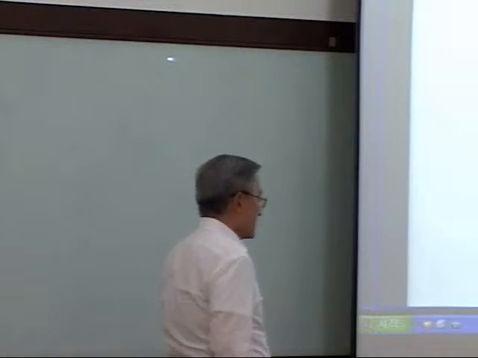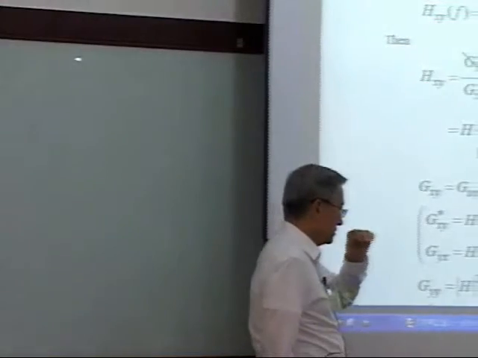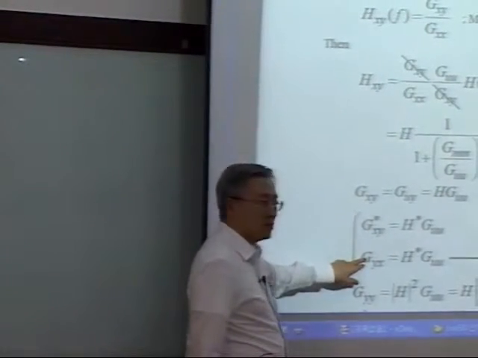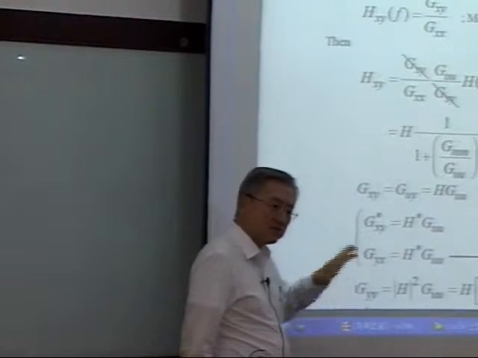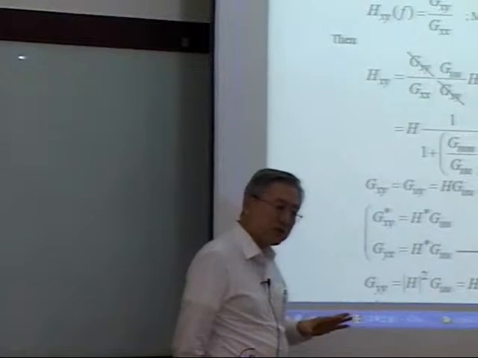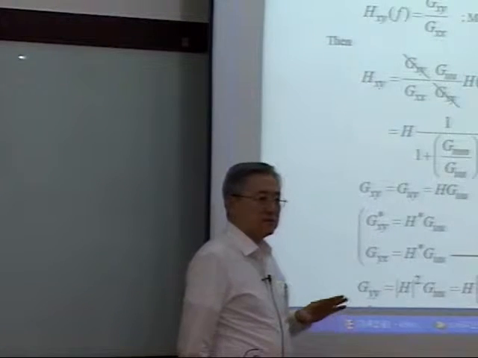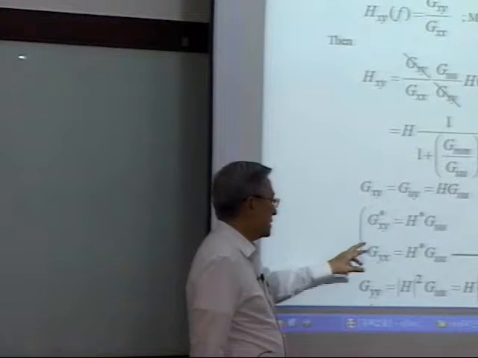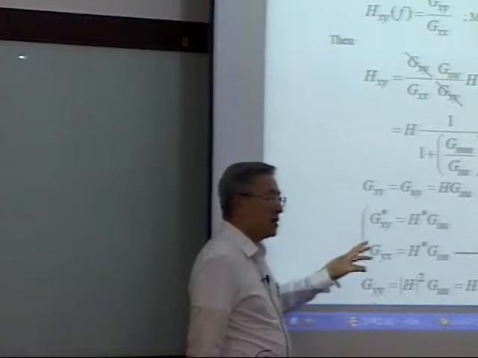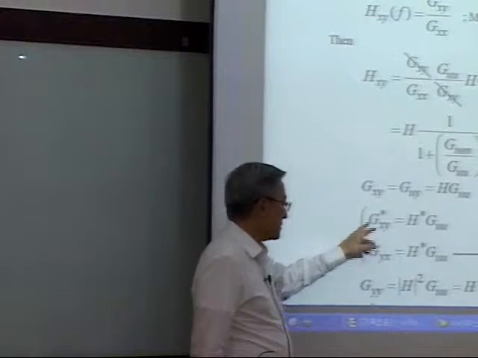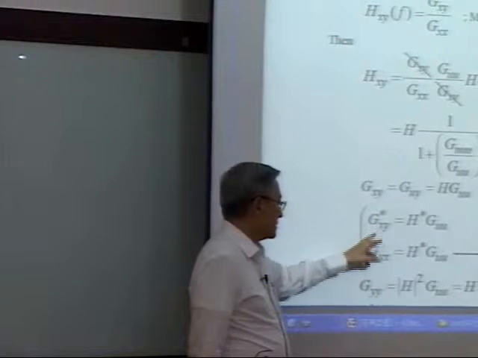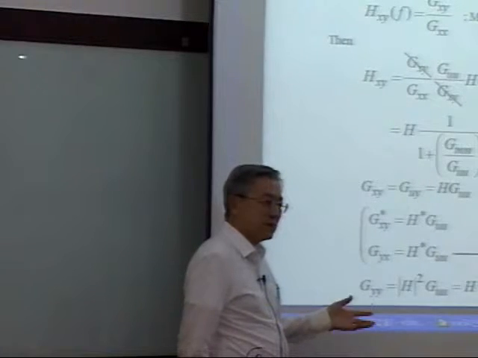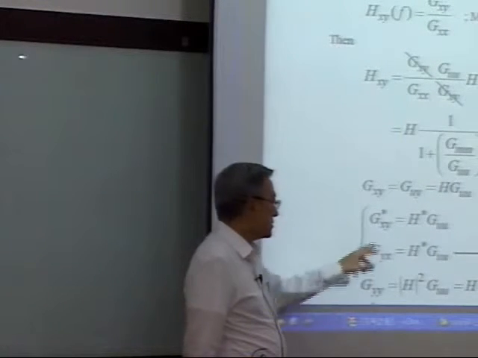And can you remember the derivation I have done? The GXY star is equal to GYX. Only Friday I did. Happened to be the Friday. So I hope other students should pick up and go through this equivalency in deriving the equations and all that.